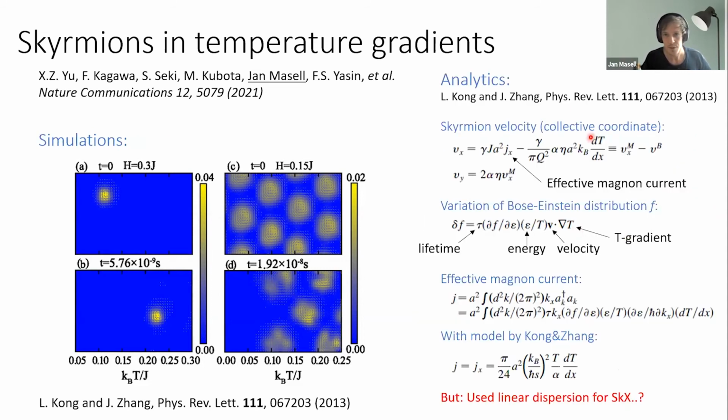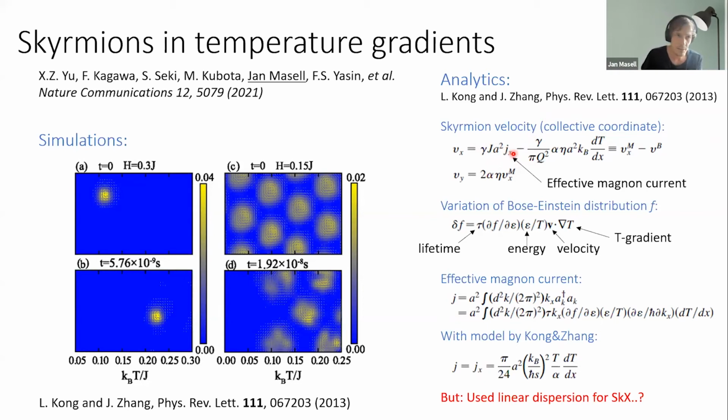Okay, and if you want to do some analytics, you can also look at this paper here by Kong and Zhang, the first one. Then you can write down your equation of motion for the magnetics. You can integrate out the fast oscillating degrees of freedom, and arrive at a collective coordinate equation of motion for the skyrmions, where the most important part is this first term in the Vx, which is the effective magnon current.